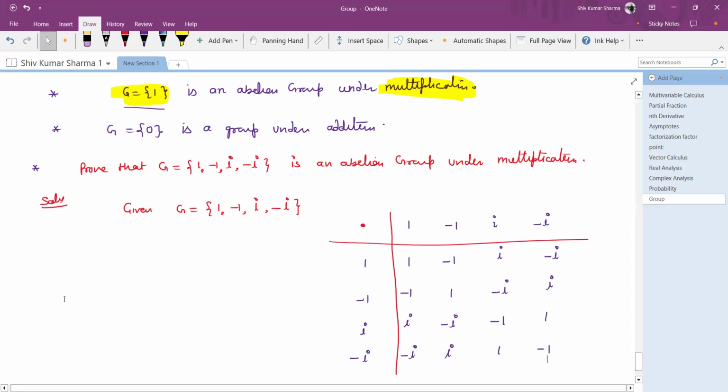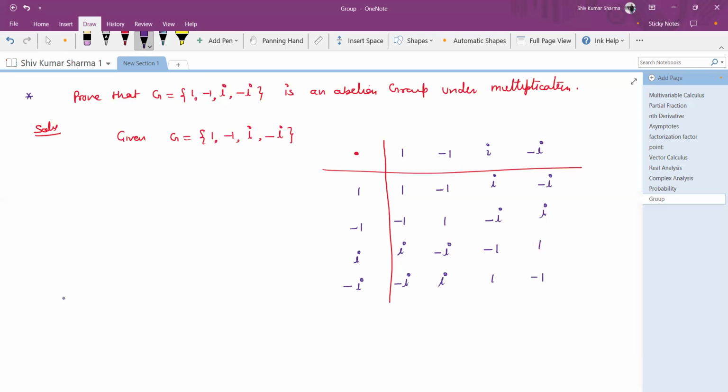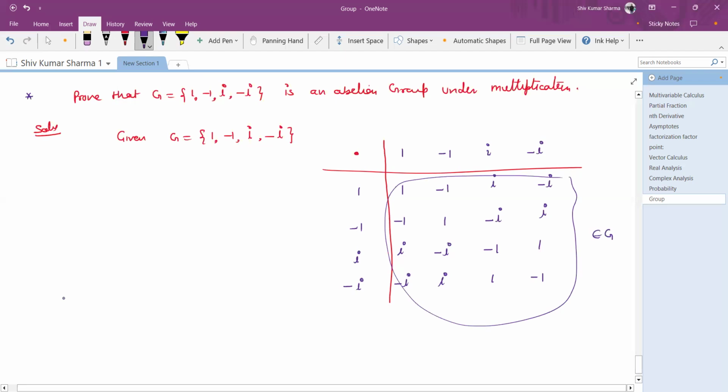Again, we see that all the elements of the composition table belong to G. So closure is directly satisfied.